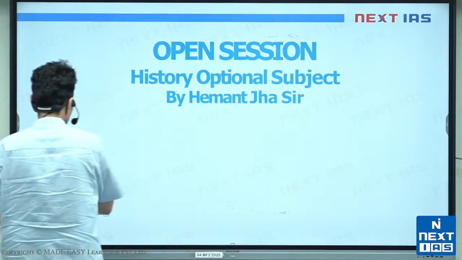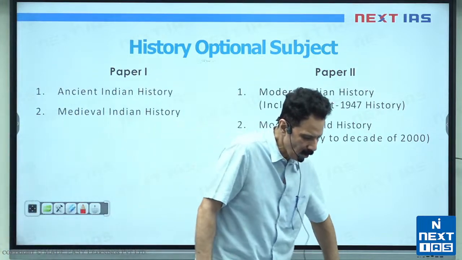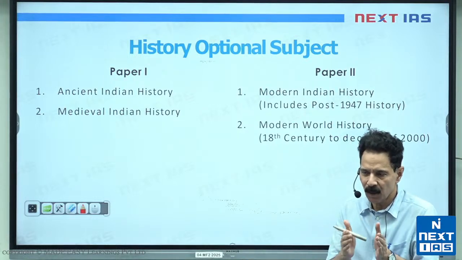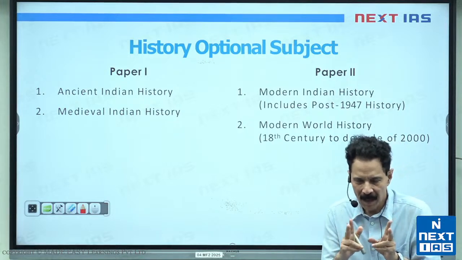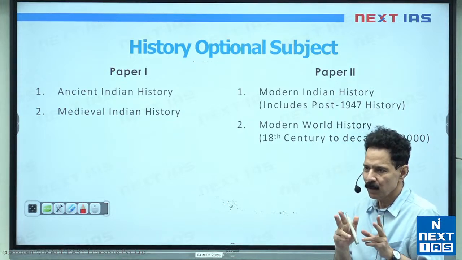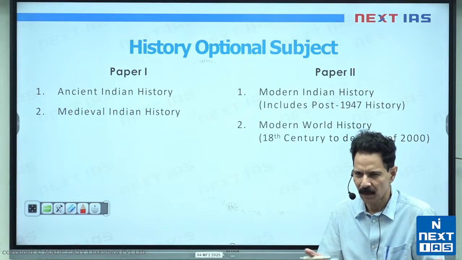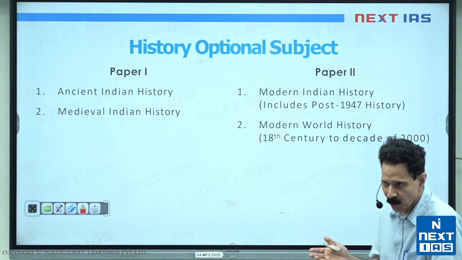Now, take a look at this. I hope all of you are aware that every optional subject has two papers and each paper carries 250 marks. So no need to discuss all these basic things. The same is applicable to history optional subject also.